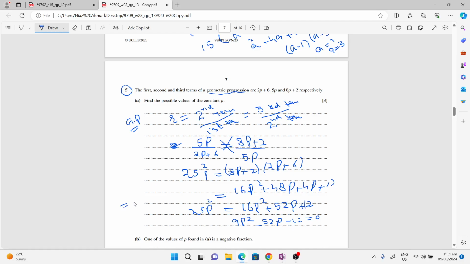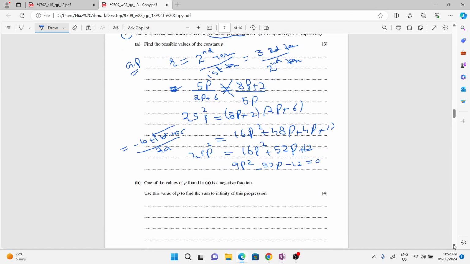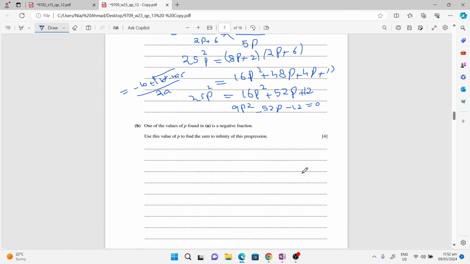You have your quadratic formula, that is minus b plus or minus the root of b squared minus 4ac, over 2a. Just grab your calculator and get your answer.